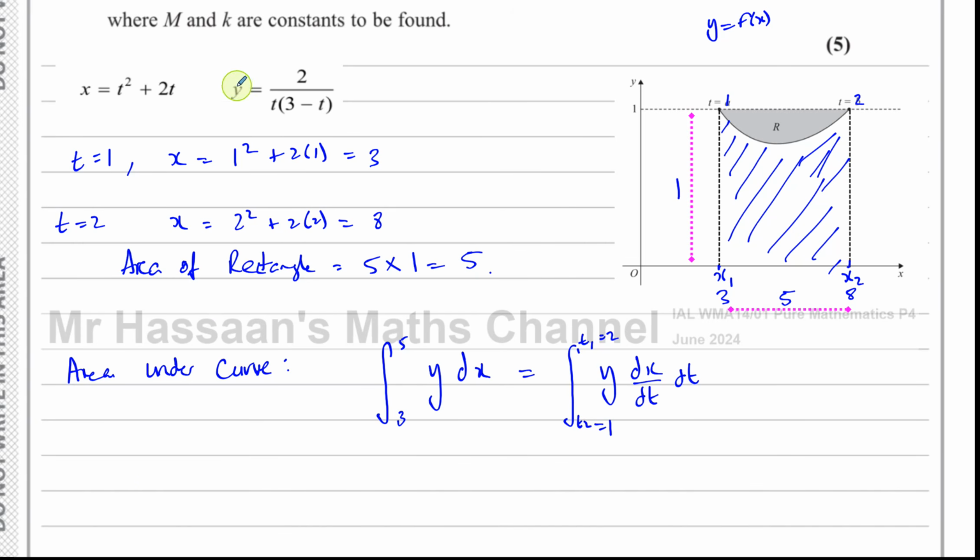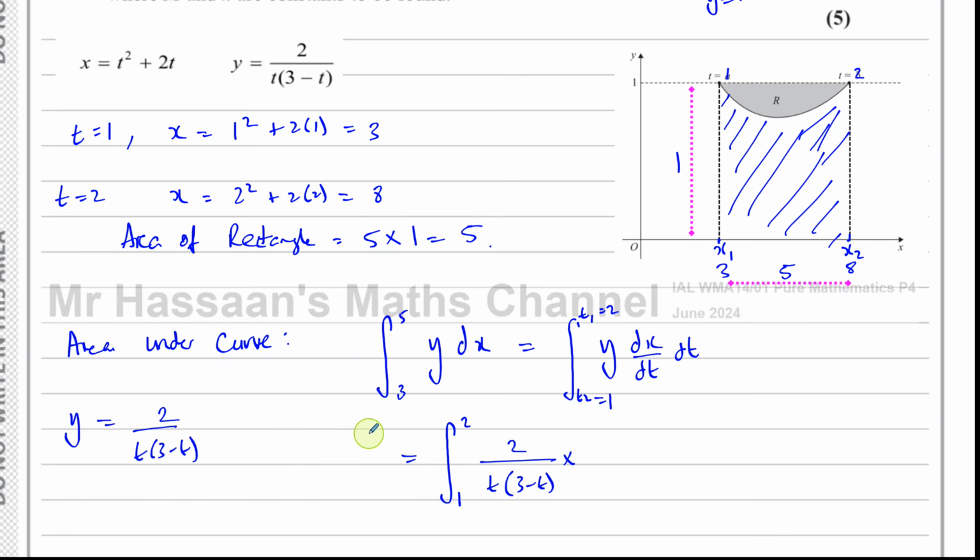Now, y in terms of t is already written as y equals 2 over t times 3 minus t. Okay, so I can say that this is equal to the integral between the limits of 1 and 2 of 2 over t times 3 minus t times dx/dt. Okay, so we've got to find dx/dt.